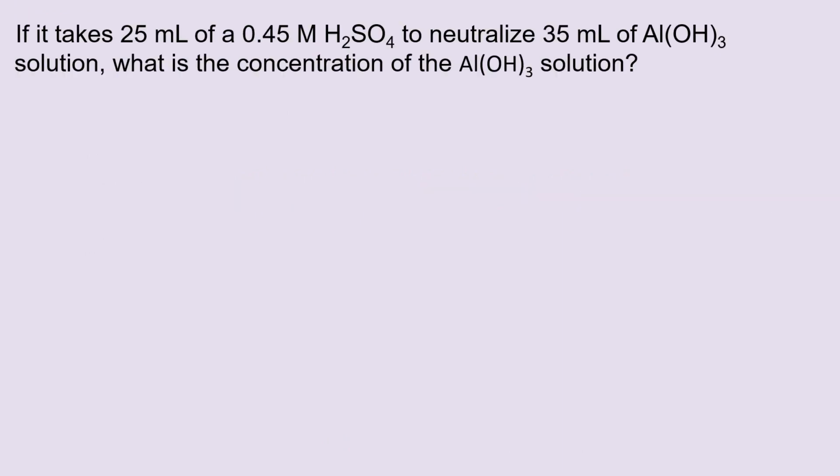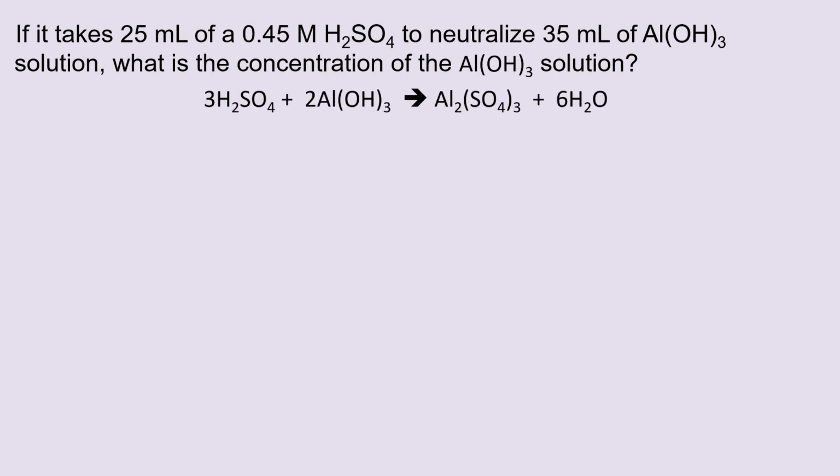Practice problem 4. If it takes 25 milliliters of a 0.45 molar H2SO4 solution to neutralize 35 milliliters of Al(OH)3, or aluminum hydroxide solution, what is the concentration of the aluminum hydroxide solution?